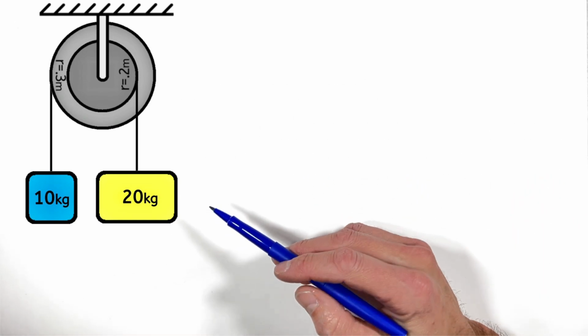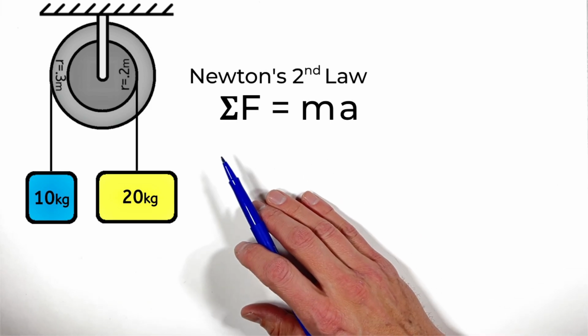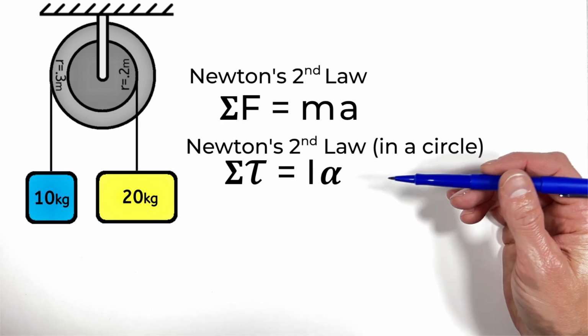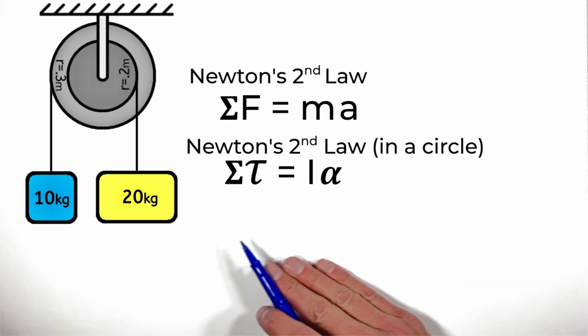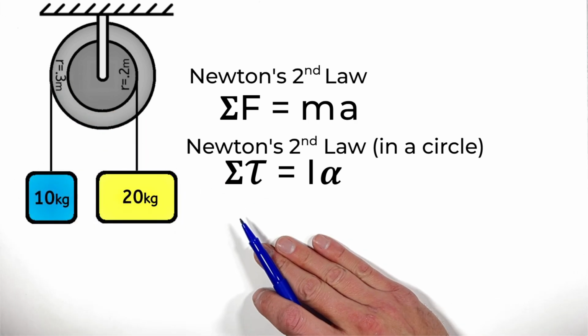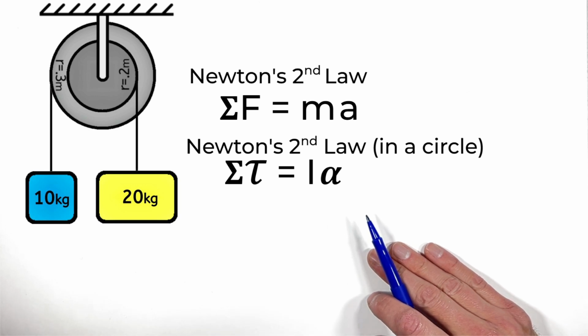Now, to solve this problem, we're going to turn both to Newton's second law in a straight line, that is F equals ma, and we're also going to have to deal with Newton's second law effectively in a circle. And that is to say that the sum of all torques on any object, in this case the pulley, is going to be equal to that object's inertia times its angular acceleration.